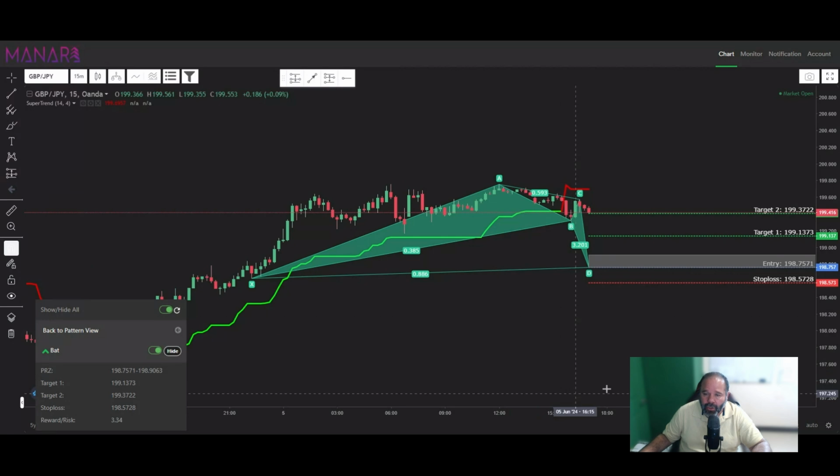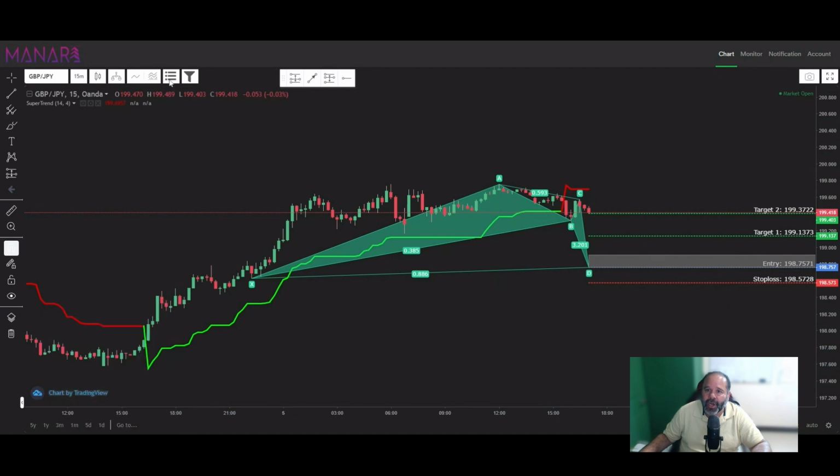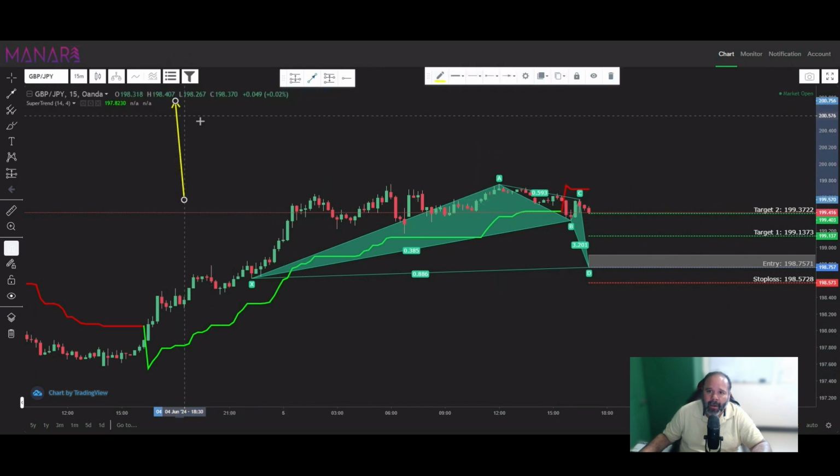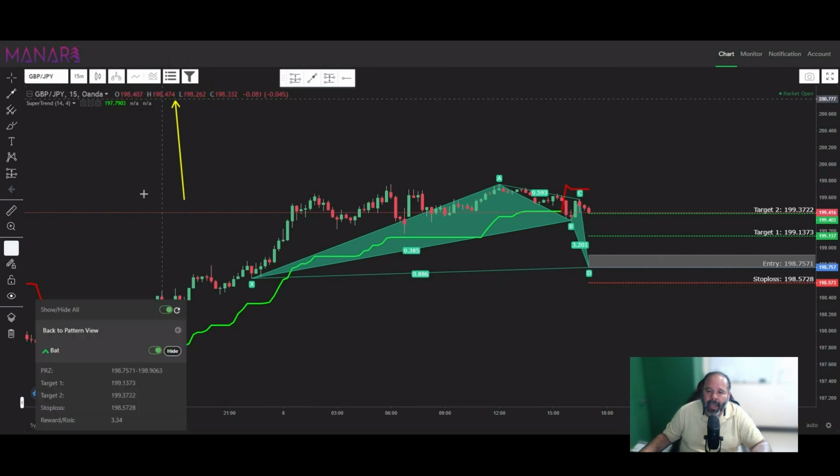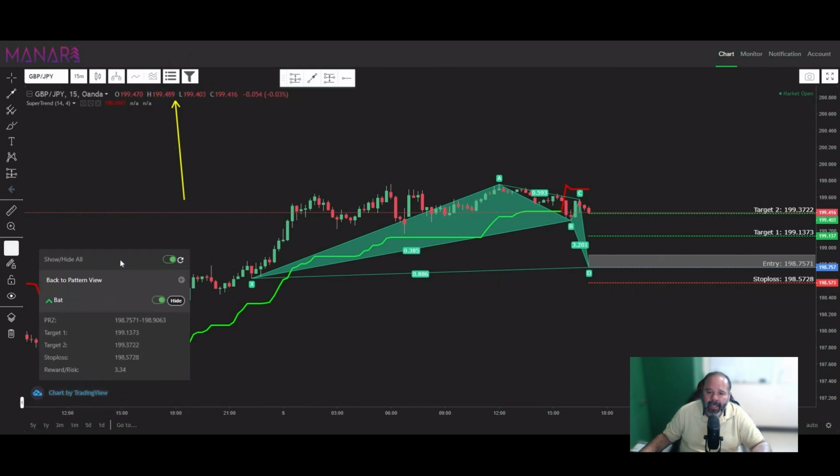So the first thing I do is I clean the chart. In order to clean the chart, I need to click the second icon from right to left. One, two. Let me put an arrow line right there, that one. So I click on it and you're gonna get this menu box.